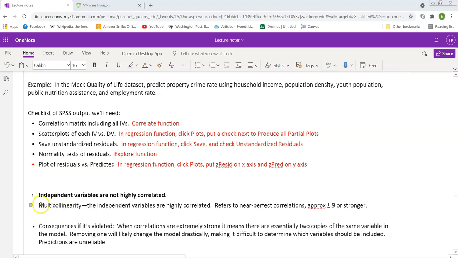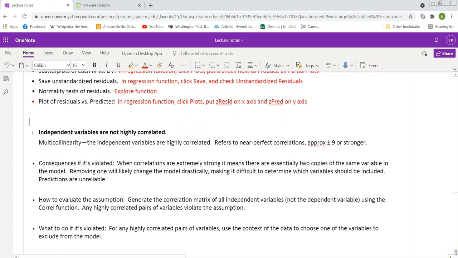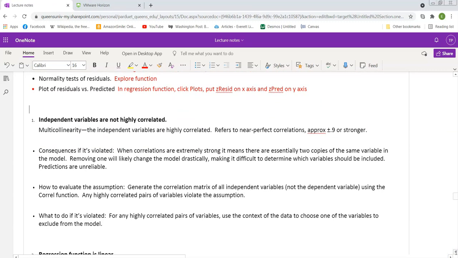So our first assumption is that the independent variables are not highly correlated. If they were, this would be a condition called multicollinearity, a fancy term for the independent variables being highly correlated. Now, when we say highly correlated, we mean really, really highly correlated, like 0.9-ish or stronger.